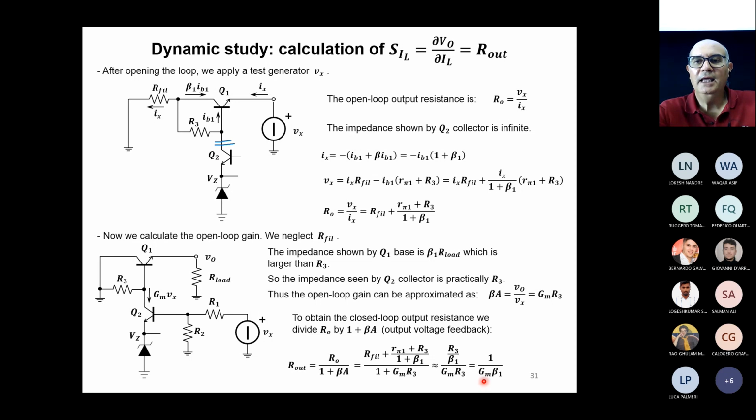We already saw that playing with the GM is not very easy unless we add many other transistors. We can add something more if you want, also op amps and things like that. But we are still in the simple circuits. So the other way to play is to increase beta 1. How can we increase beta 1? Using a Darlington transistor, basically. Darlington transistor, that is a combination of two transistors in cascade.